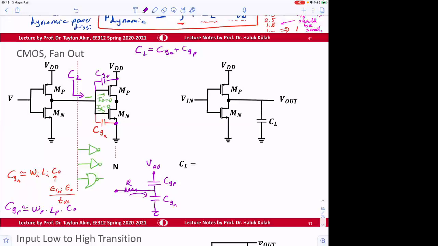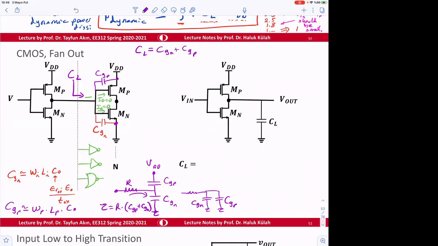The time constant, tau, will be equal to R times C gate P plus C gate N. So basically, for the AC analysis, this is ground, so they just add up. Okay, so we consider this as if you have C gate N and C gate P.